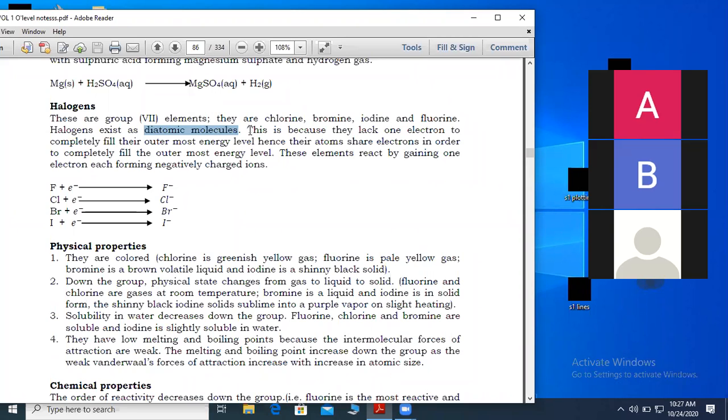And that's what we are trying to explain here. This is because they lack one electron to completely fill their outermost energy level. Hence, their atoms share electrons in order to completely fill the outermost energy level. So two chlorine atoms can share electrons to form a covalent bond between two chlorine atoms, such that each of the outermost energy levels now has 8 electrons.